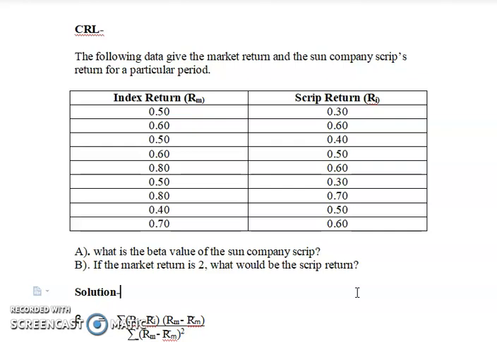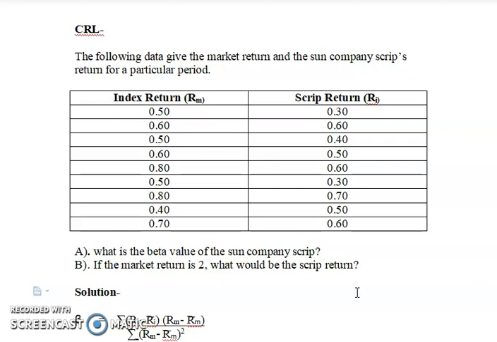If it is beta -1, if the market declines by 10%, the stock will go up by 10%. So you can calculate beta for negative returns also, right? Stocks with negative beta normally resist the decline in the market return. Stocks with negative beta are very rare. So beta carries a very important place when it comes to assessment of risk for the scripts.